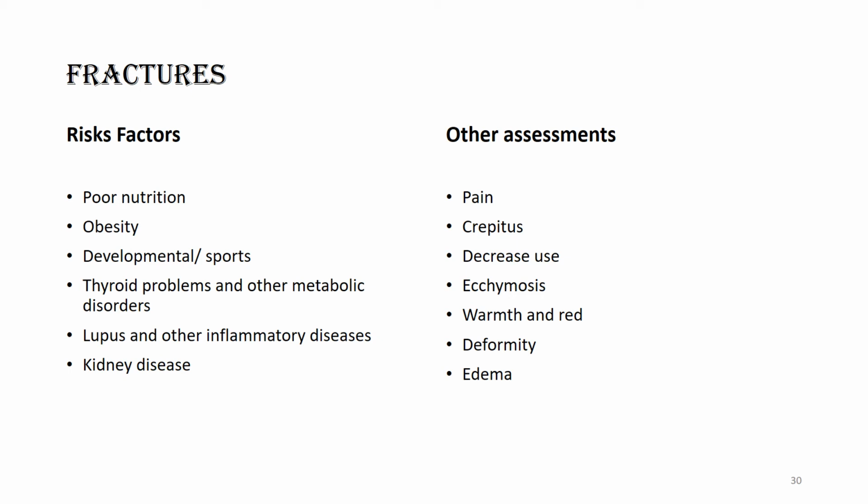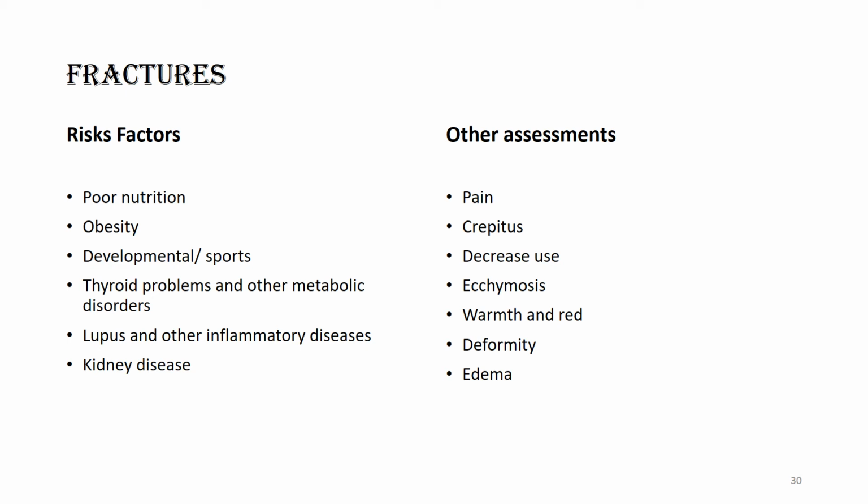Sometimes thyroid problems or other metabolic disorders will affect the calcium level and set the patient up for fractures. Sometimes lupus and other inflammatory diseases, swelling at the joints, can leave the bones easily fractured. And then kidney disease, disturbing the protein and the minerals from the body.